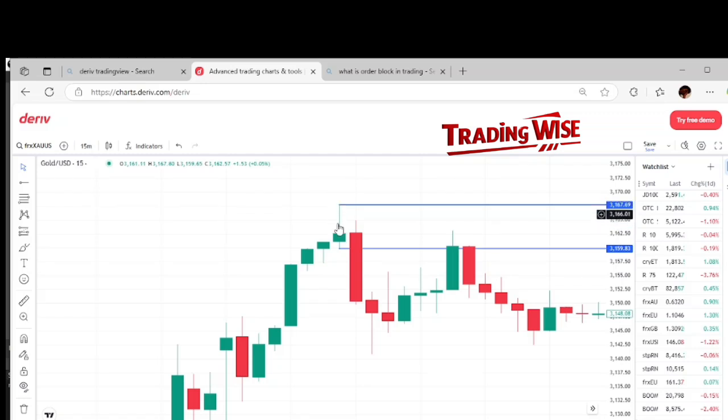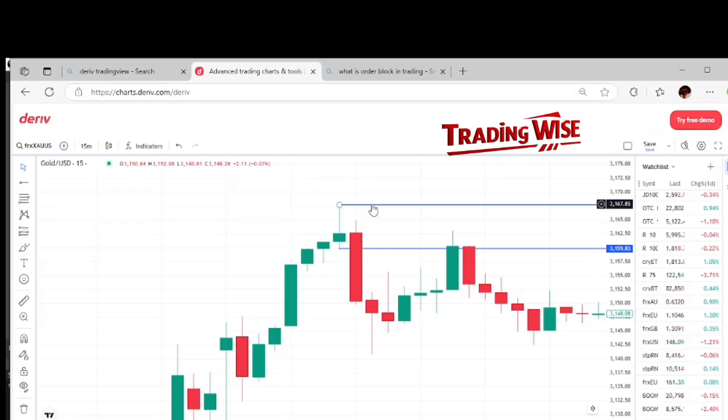You can see this wick. This is the swing high of this very candle, and it must also have what we call a fair value gap. You understand what I mean? It must have a fair value gap. So what is a fair value gap?